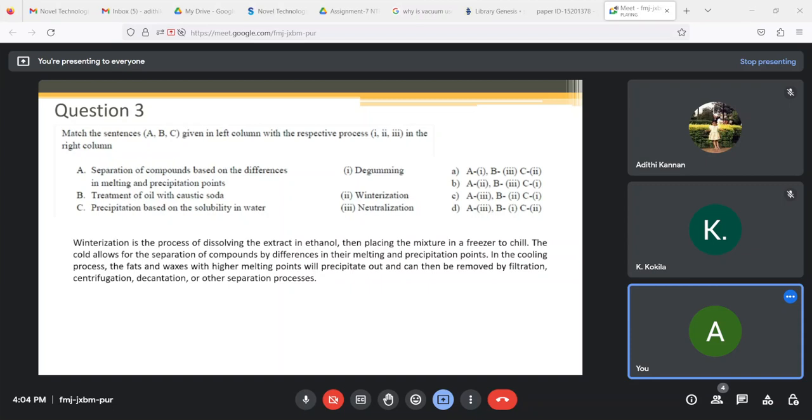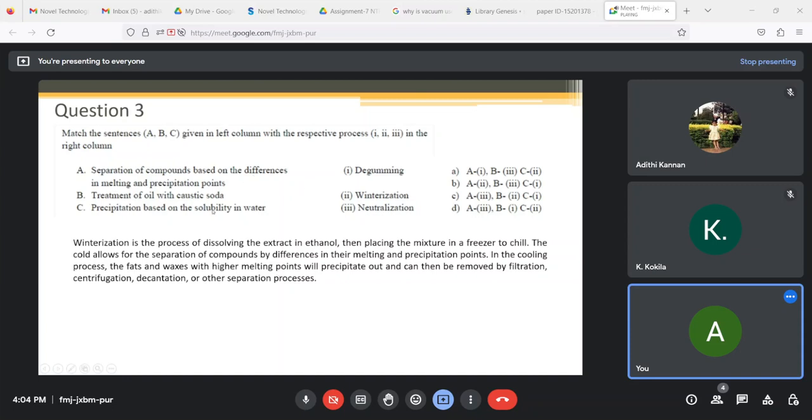Then the other components that have a lower melting point can be precipitated out. So you'll gradually be decreasing the temperature. First the fats and waxes, which have a higher melting point, will precipitate out. Then you can remove those, and then further decrease the temperature to remove any other contaminants possible. So this is the winterization step, which corresponds to separation of compounds based on differences in melting and precipitation points.